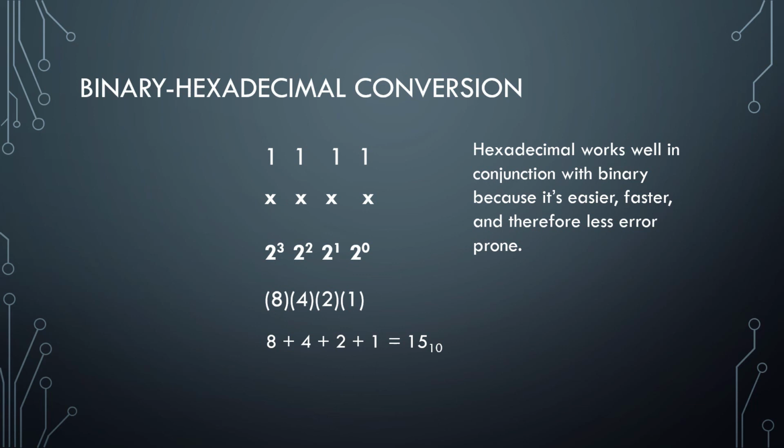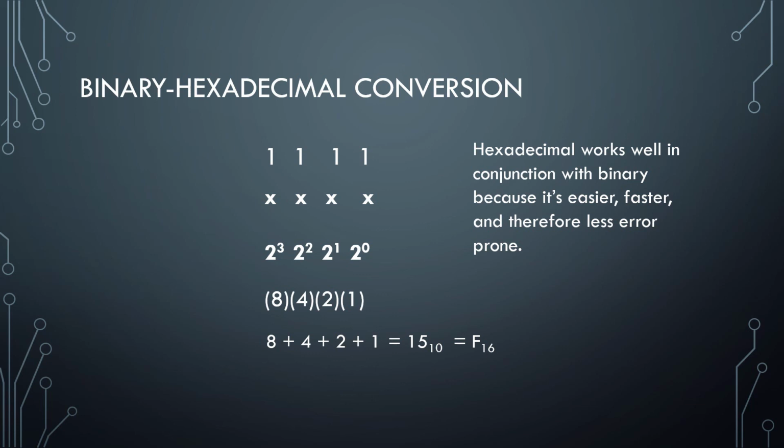So this group of 4 bits here is equal to 15, which is the hexadecimal number F. So instead of representing 15 with 4 places, we can just represent it with 1. So that's why hexadecimal works really well.